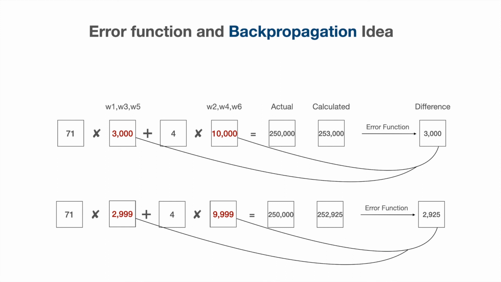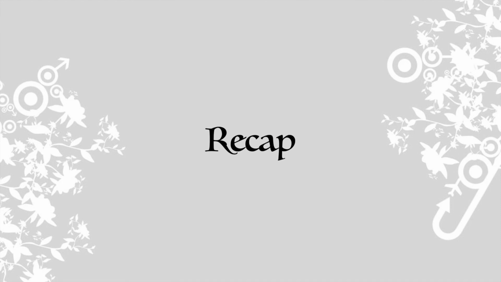Once we train this neural network with more training examples, the weights get better and better and will be perfectly able to predict the house price in our example. This process of calculating the error term and passing that information back to the weights is called backpropagation. And that's a high level intuition behind the training of the neural network.